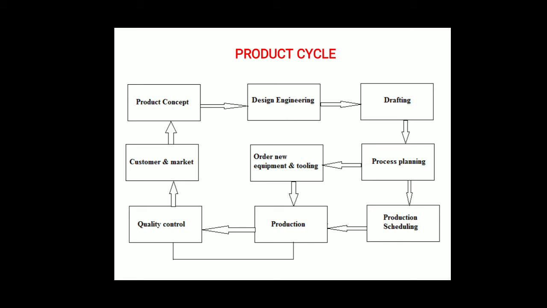So what is product design? Product design is defined as a process to describe a machine or mechanical system to perform a specific function effectively and efficiently by using scientific principles, technical information, and the imagination of the designer.